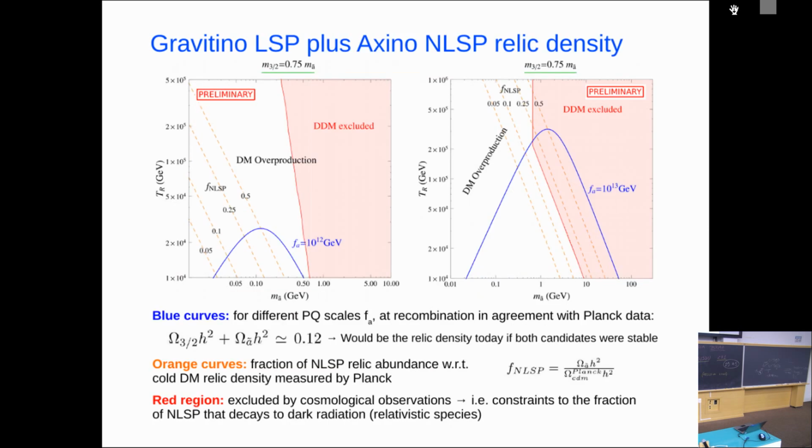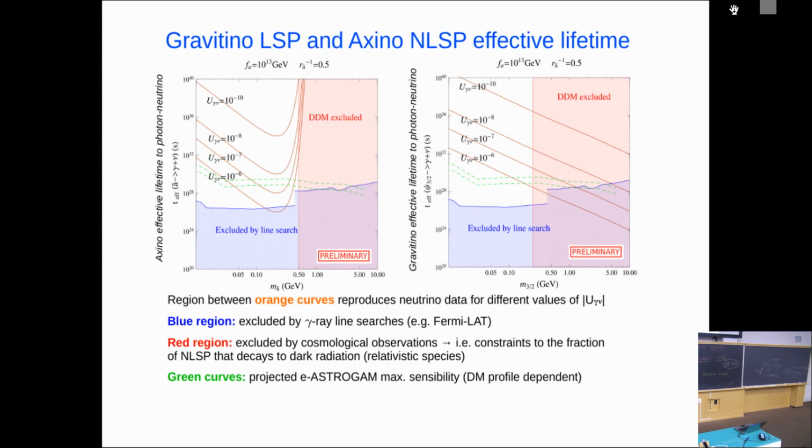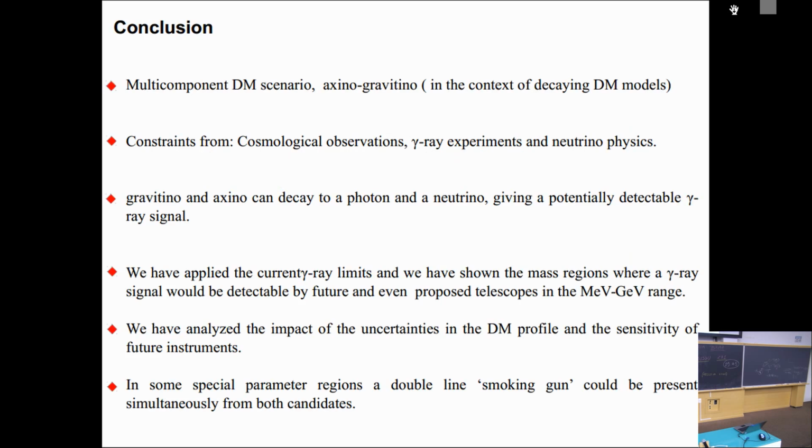This uncertainty is because we don't know exactly which experiment will be constructed. But the interesting thing is that it is possible to be seen. I don't have time to discuss it, but it is very similar in the case where the gravitino is the LSP and the axino is the next LSP. Very similar results, and then let me finish.